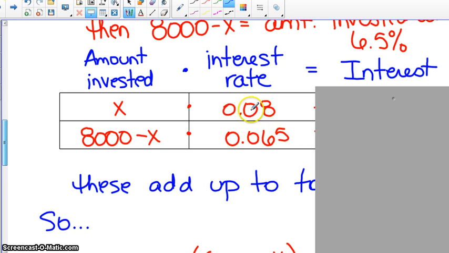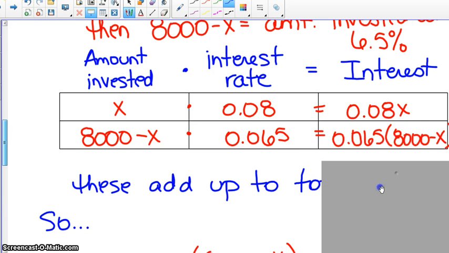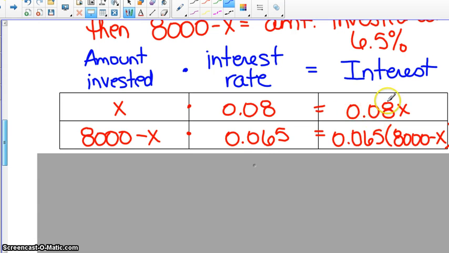These are percentages changed to decimals. Based off the formula, we multiply across. So it's 0.08X and then 0.065 times 8,000 minus X. This is the amount of interest that we gain on the 8%, and this is the amount of interest that we gain on the 6.5%.